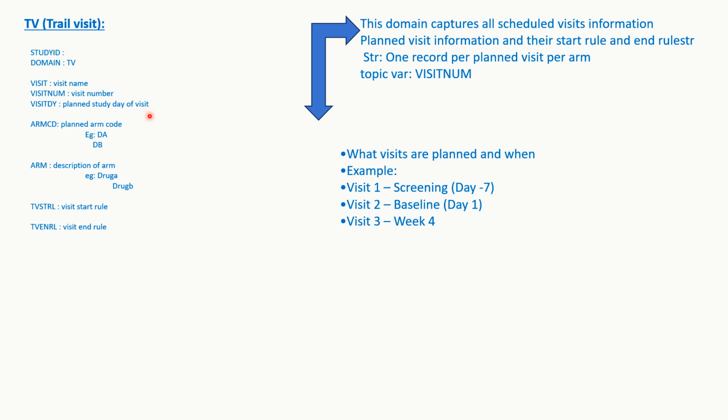So visit one, first visit, screening, day 7, visit 2, baseline. In this way, all the planned visit details we will capture in TV domain. If there is any unplanned visit, the details will be captured in SV domain. We'll see in the next slide how the data is captured in TV domain.